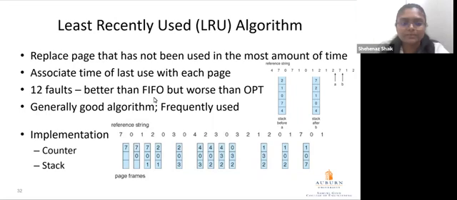Another advantage is that it does not suffer from the Belady's anomaly as the FIFO approach does.